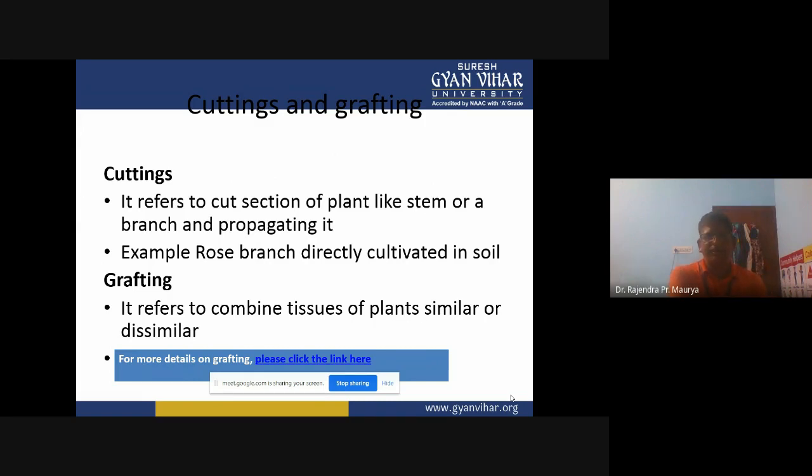So we can take a piece of a plant and use it for propagating purposes. In cuttings, there are also different types, like stem cuttings, leaf cuttings, leaf bud cuttings, and root cuttings. In this one, we can say the stem, so we can collect the branches or stems of past season growth from the mother plants.